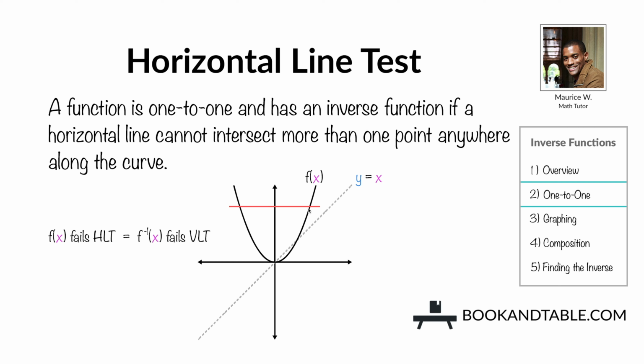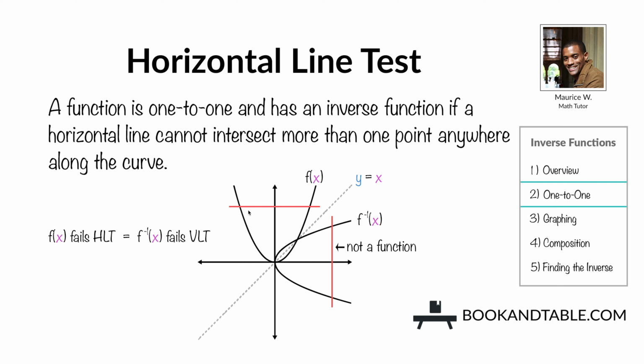If you reflect this function across y equals x and draw the inverse function, that inverse function will fail the vertical line test. If a function fails the vertical line test, it does not have unique y values. This y value is attached to this x coordinate, and so is this y value, which means this inverse is not a function.